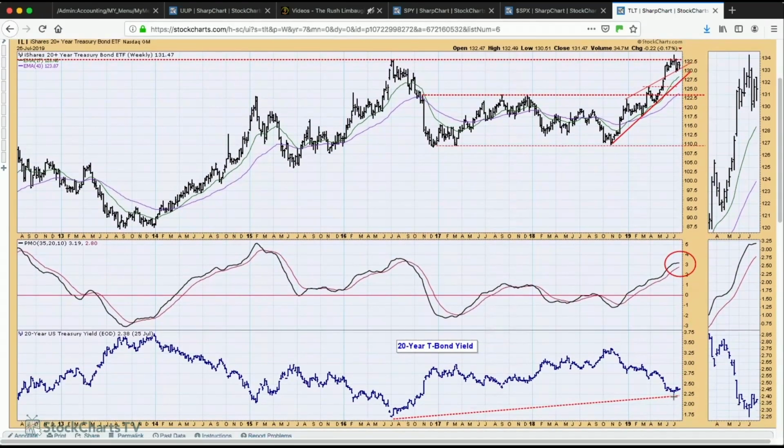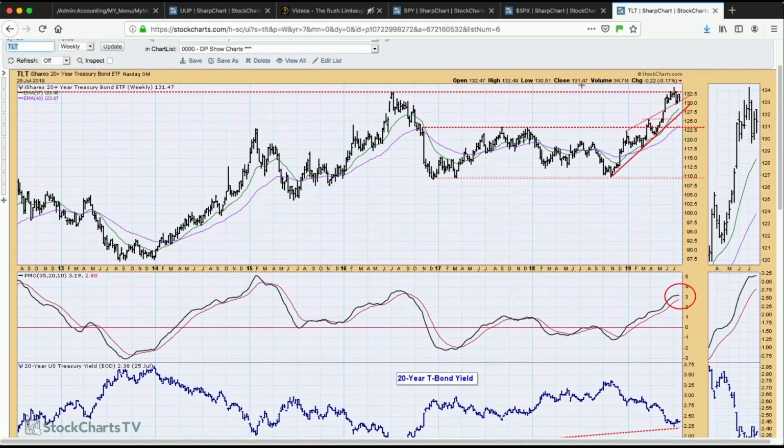But we know that they're going to be lowering interest rates, 90% sure this next week. So I have to assume that the yield on the 20-year is going to drift down also, which would imply that the price of bonds will go up.